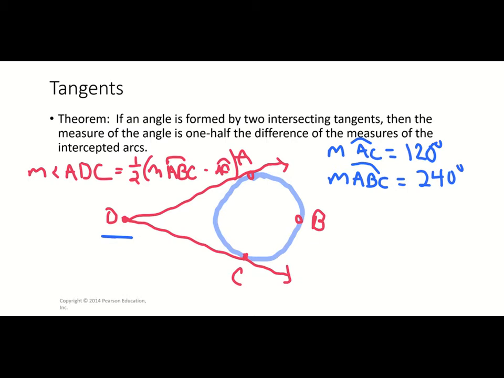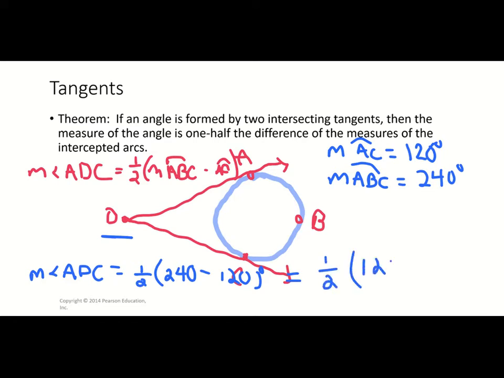So now to find the measure of my angle. The measure of angle ADC is going to be equal to 1/2 times 240 minus 120 degrees, and that will be 1/2 times 240 minus 120, which is 120.